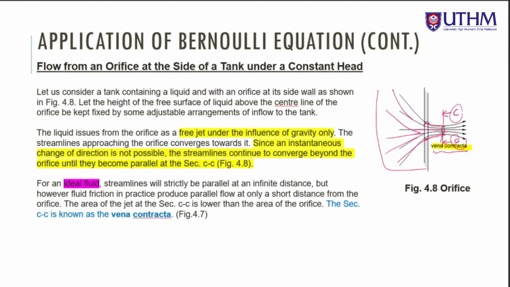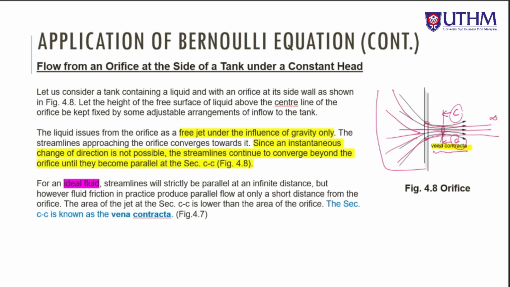Okay, for an ideal fluid, streamlines will strictly be parallel at an infinite distance. So if let's say fluid ni ideal, dia akan keep on bentuk dia parallel lah at an infinite distance. But however, fluid friction is in practice produce parallel flow at only a short distance from the orifice.